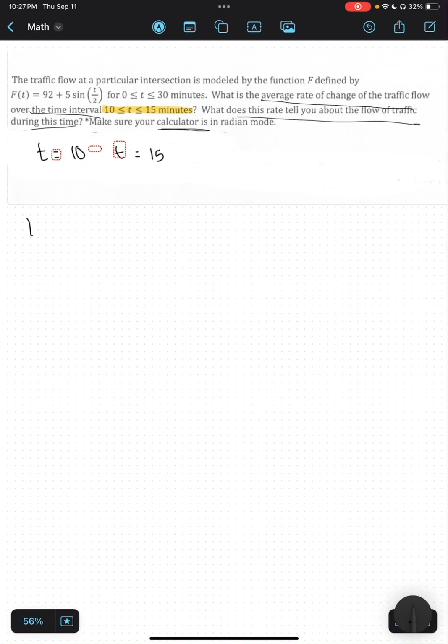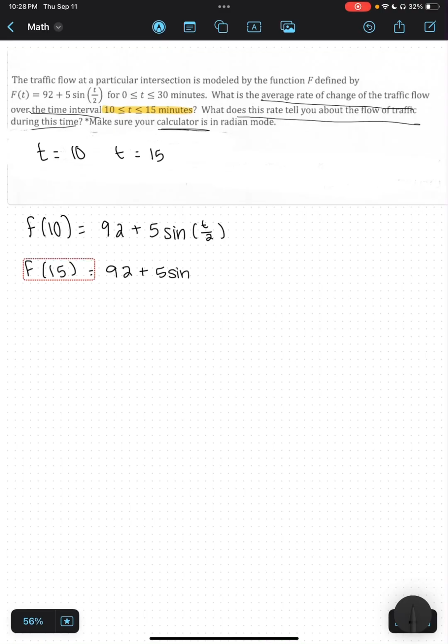So we have f of 10 is equal to 92 plus 5 sine of t over 2. And f of 15 equals 92 plus 5 sine of t over 2.